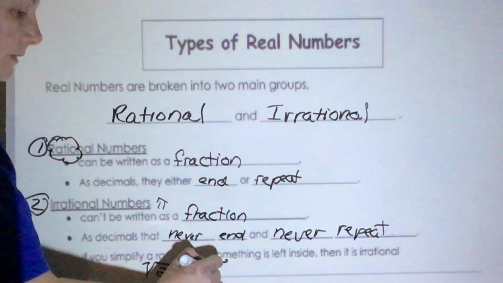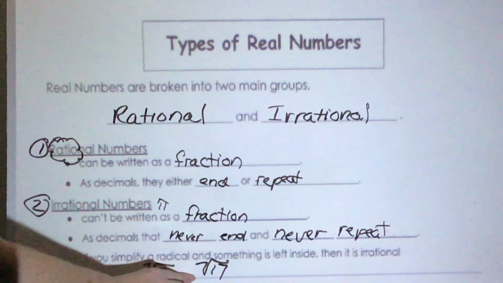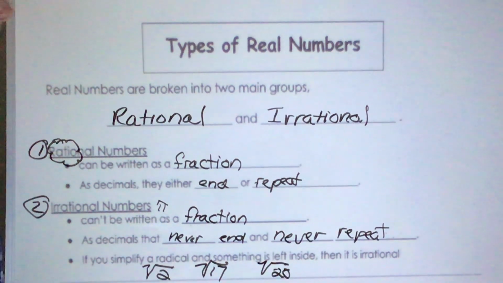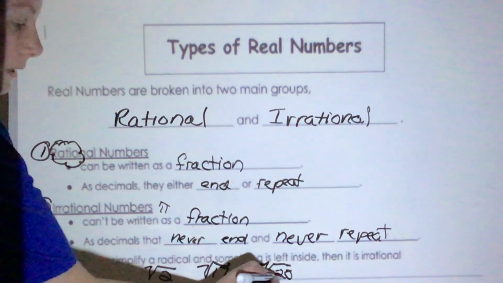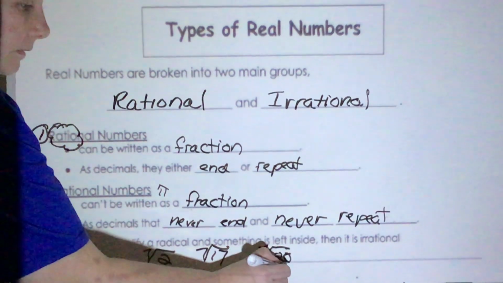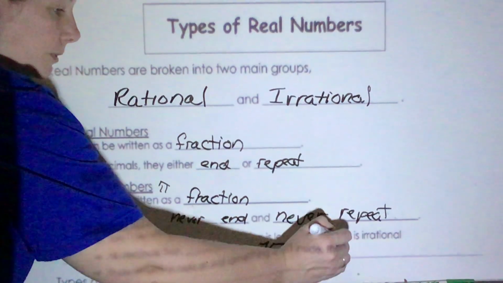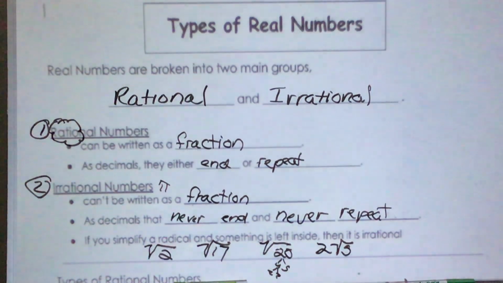Square root of 17 is irrational, because if you simplify it, not everything goes outside. Square root of 20 is irrational, because if you made the factor tree, part of the 20 would come outside, the 2 would come outside, but the 5 stays in. If you have anything left on the inside, it's an irrational number.